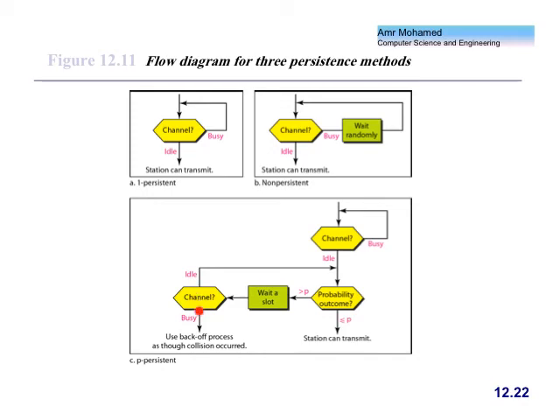If the channel is idle, then you generate a random number again, until the random number is less than P, in which case you can send. So that's the P persistent case.